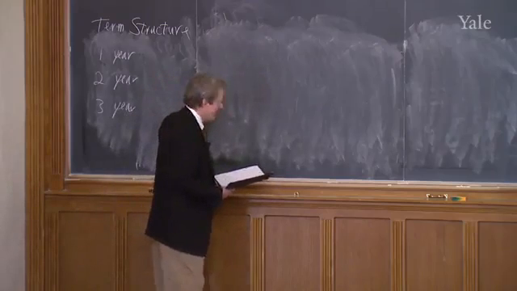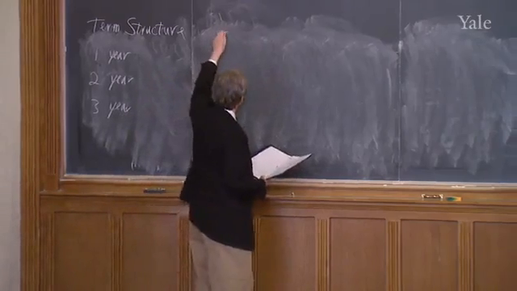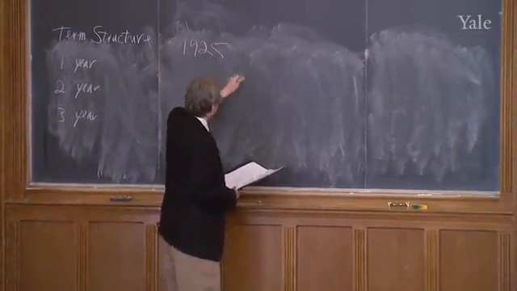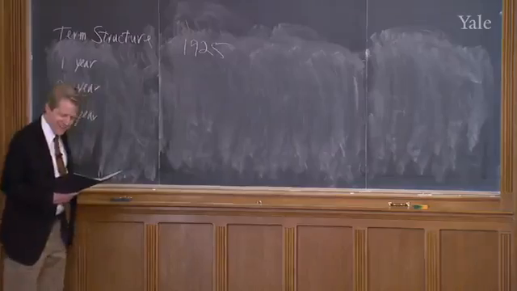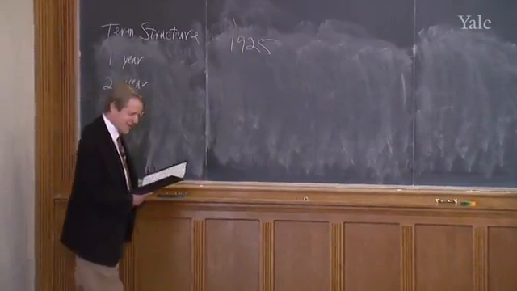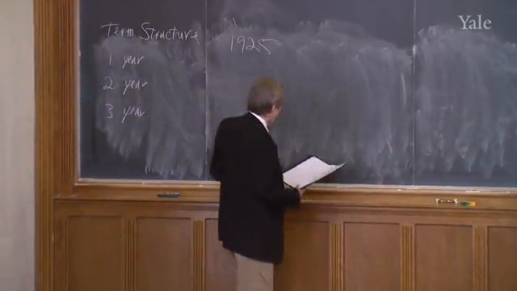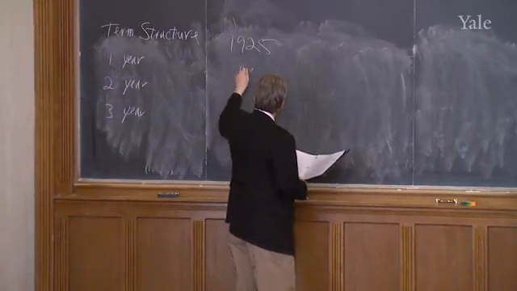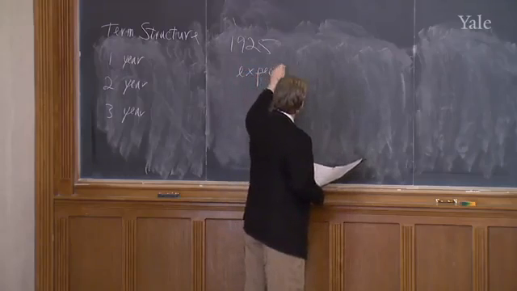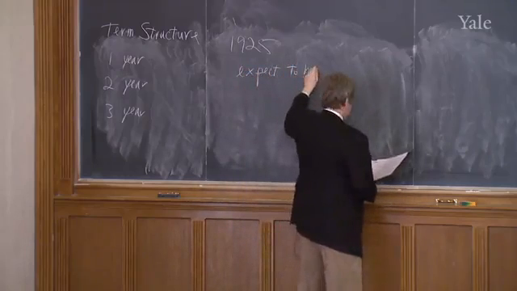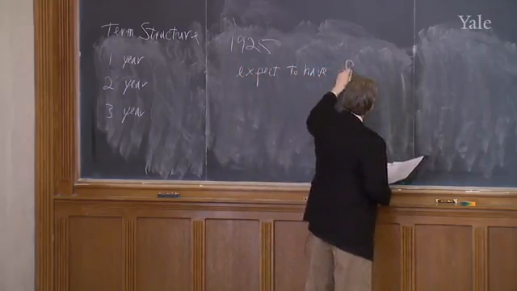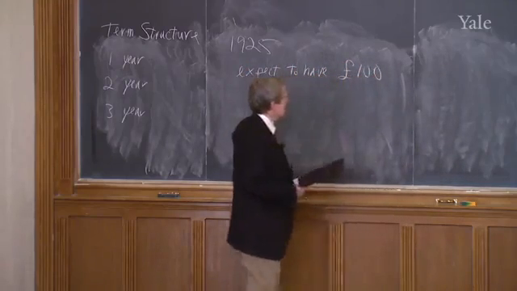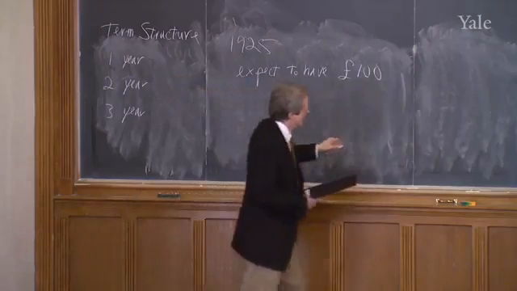So now the year is 1925, and we're in coffee hour, and we're talking about, suppose I expect to have, I'm just trying to get my 100 pounds to invest in 26.